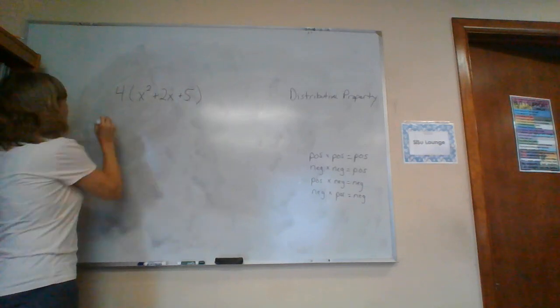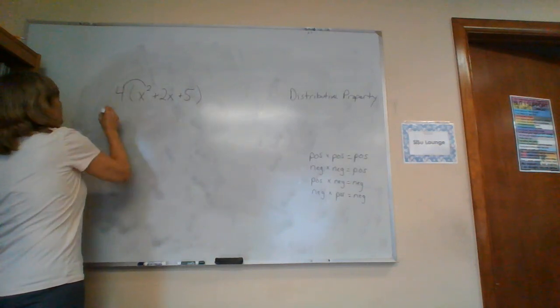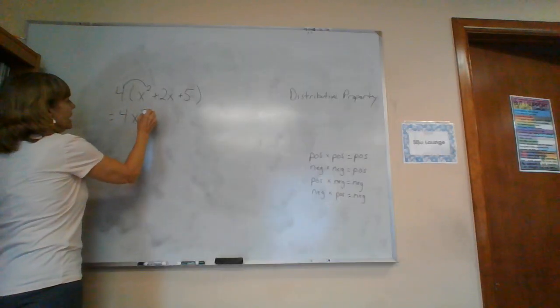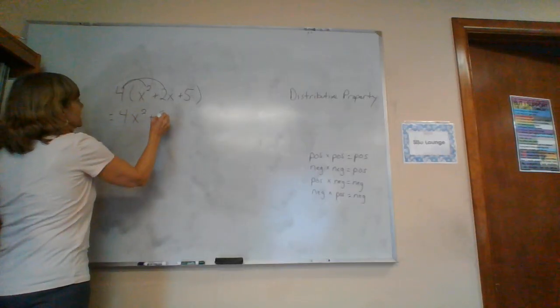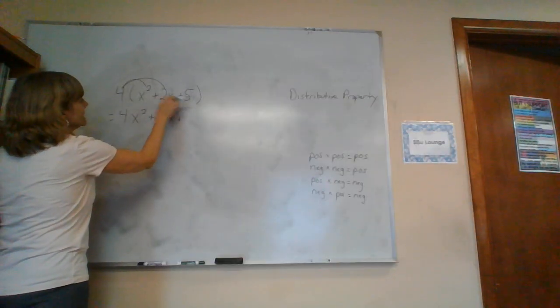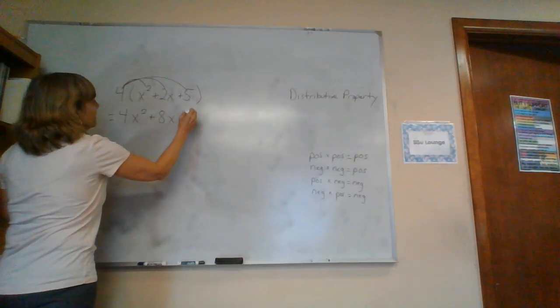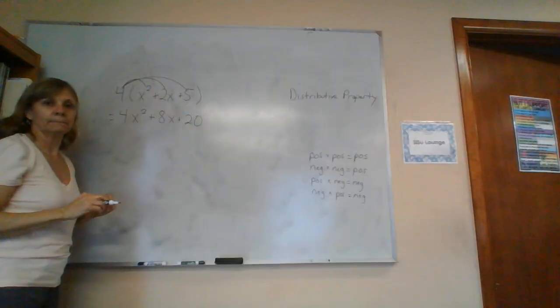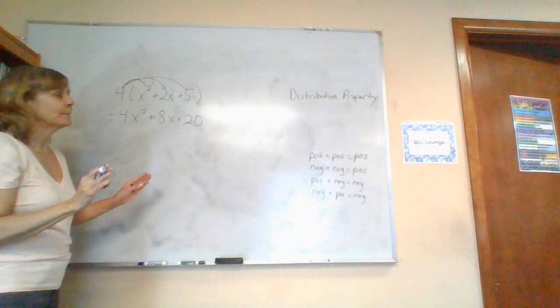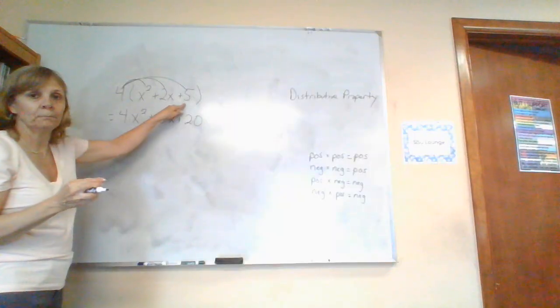All my rules apply. 4 times x squared is 4x squared, plus 4 times 2x is 8x, plus 4 times 5 is 20. You see that? I followed every rule, exactly the same. I did have one more term, but that's okay.